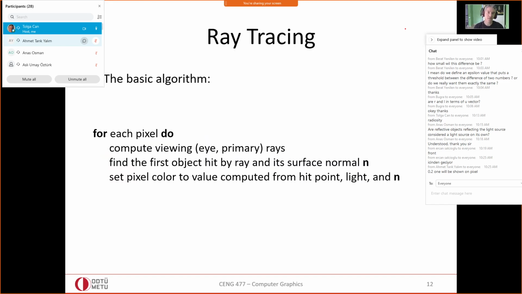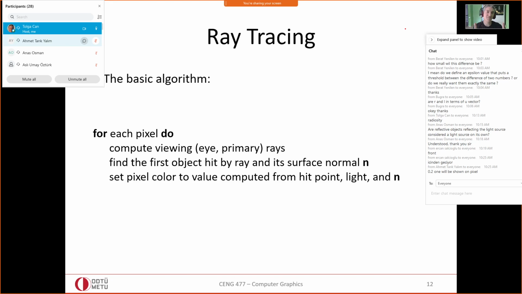Okay, so the basic algorithm of ray tracing is really simple. For each pixel on that image plane, we are going to first compute the viewing ray that starts from the point E and passes through the center of the pixel. So we have 2 points, point E, the eye, the focal point, and the center of a pixel generate that ray. And each ray is going to have a different equation.